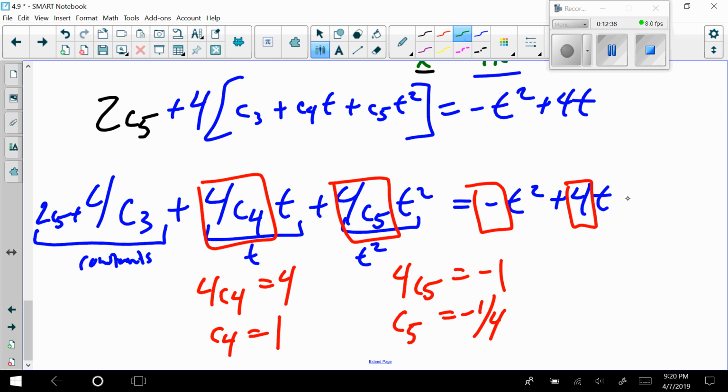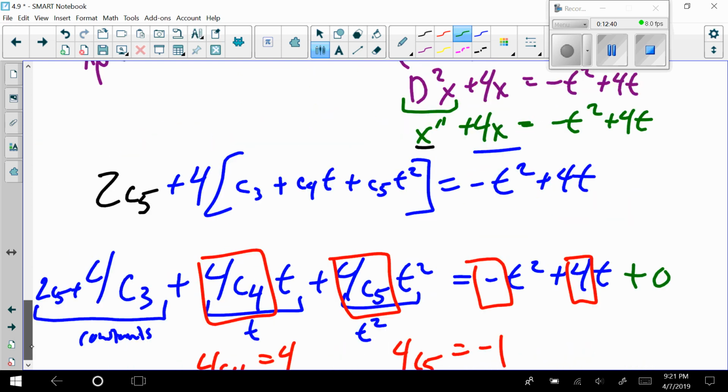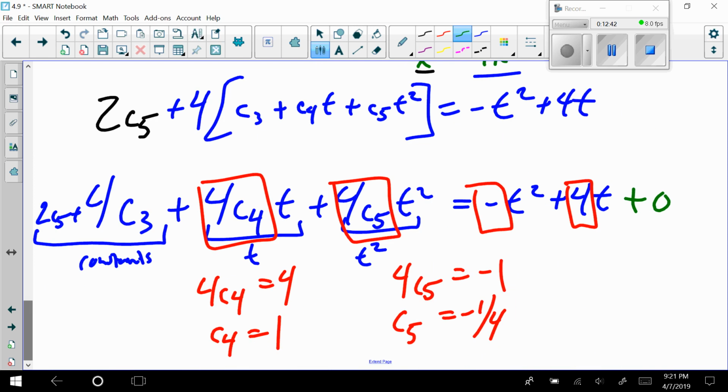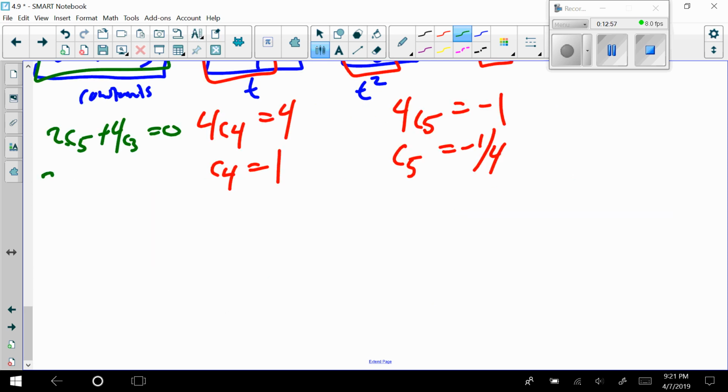Finally, I have a plus 0 over here, which means this whole thing for my constants, 2c sub 5, that was very messy, c sub 5 plus 4c sub 3 should equal 0. I already know what c sub 5 is, so that's 2 times negative 1/4 plus 4c sub 3 equals 0.